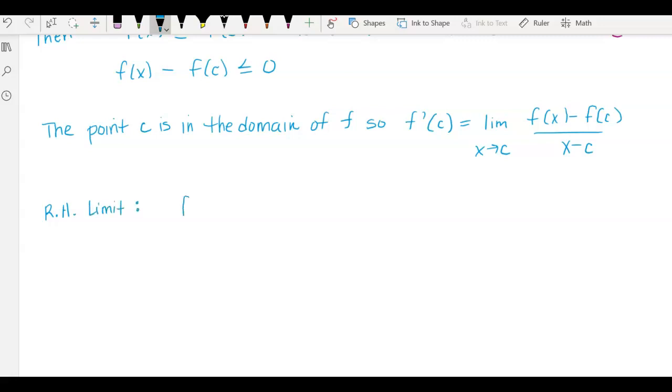which would be the limit as x approaches c from the positive side. And then also the left-hand limit.